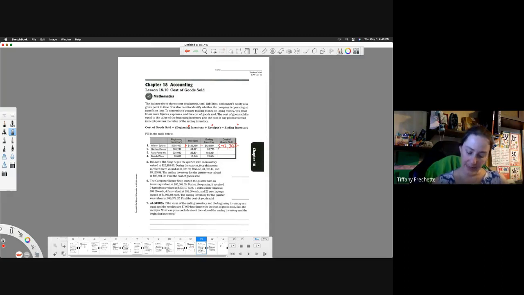All right. If we look down, which one do I want to focus on here? Because we have 2 problems, and then we're going to definitely look at the algebra problem. I'm going to go ahead and look at number 6 because it's a little bit more involved than number 5. So the computer repair shop started the quarter with an inventory valued at, I'm going to underline that, $85,668.55.